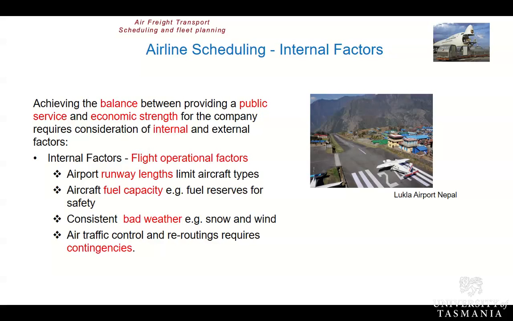And in addition to that, as an airline, you're dealing with air traffic control, who ultimately is going to have control over whether you land or not at a particular airport, which will perhaps mean that you've got to have a range of contingencies in place if that particular scenario occurred.